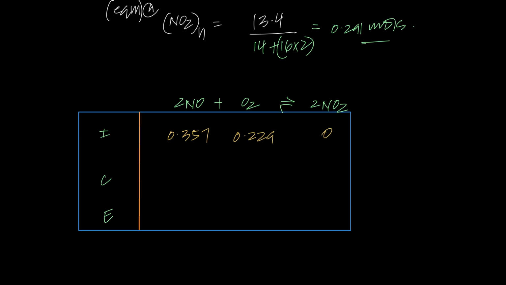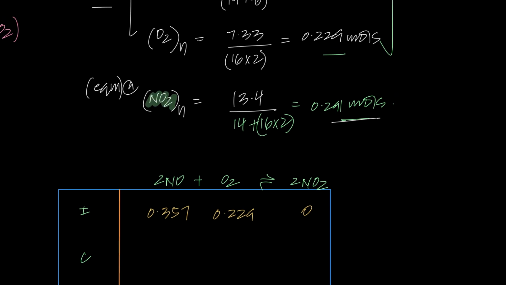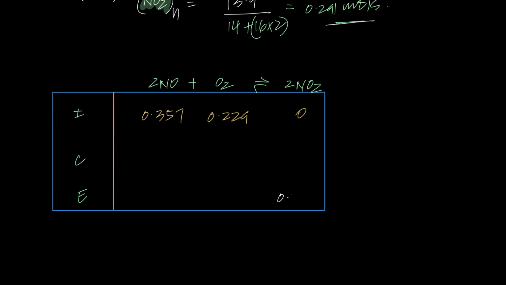Now, what are the moles at equilibrium? The moles at equilibrium are given for NO2, 0.291. And if this is 0.291, that means the change is positive 0.291, and it's positive because products form, they increase. The reactants decrease, that's why there must always be a negative here.